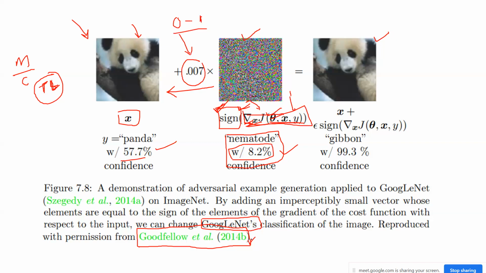Here he considered 0.07, and then the model prediction will be high confidence, 99.3% accurate. If we want to modify or change this parameter value, you have to reproduce this output with the permission of Ian Goodfellow, because he holds the copyright. So this is one mechanism.